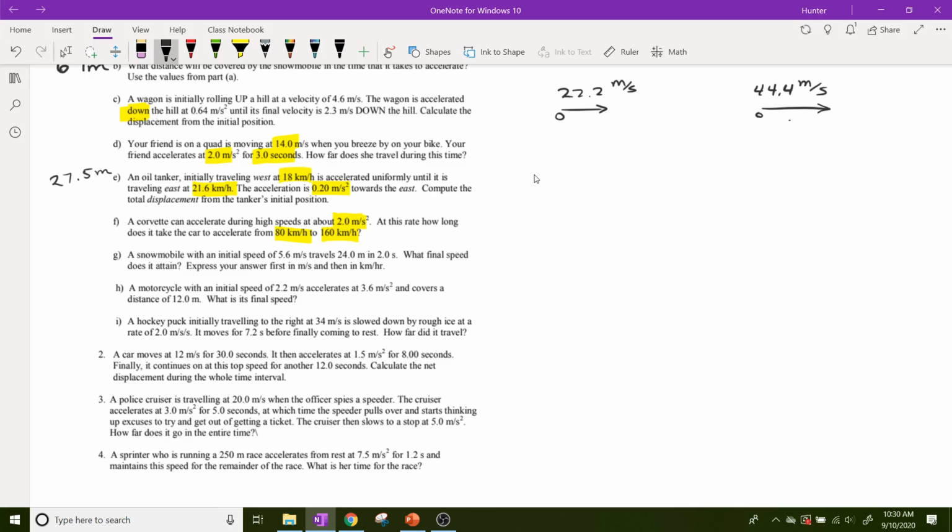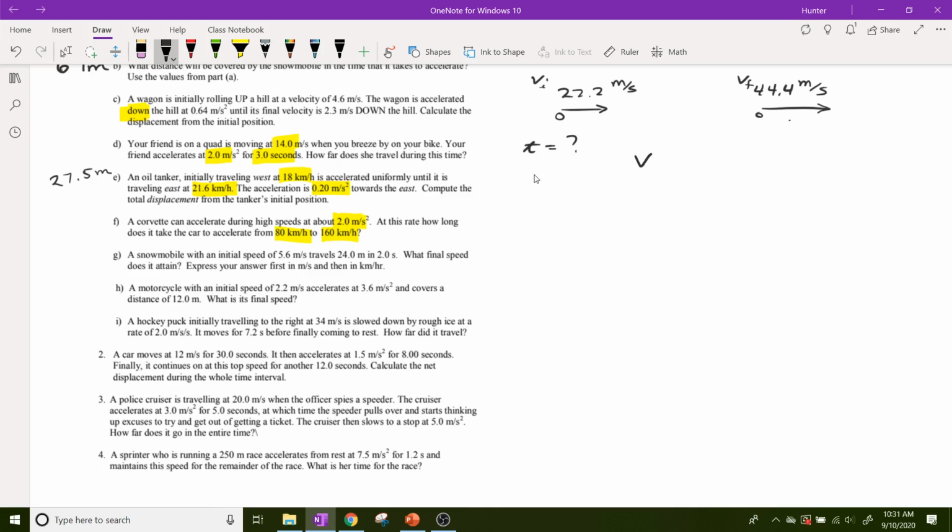Do we need to DVAT or just go? Let's just go. We have VI, we have VF, we have acceleration. I need an equation. Do we have time? We need time, so time is a question mark. That means there are two of the three kinematic equations that have time in them, and one of them only has displacement instead of time.